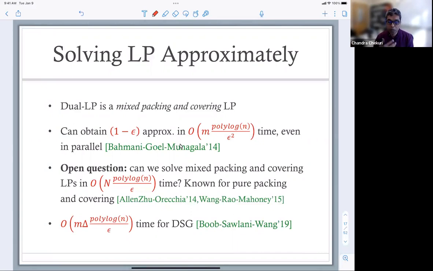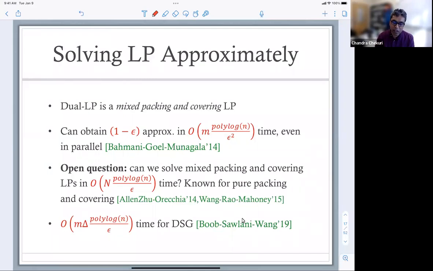And so there's a big open question in this area: is there an algorithm which reduces the dependence on epsilon for a 1 minus epsilon approximation to 1 over epsilon? And that's open. Some special cases are known, and there are very nice connections to optimization. So that we don't know yet.